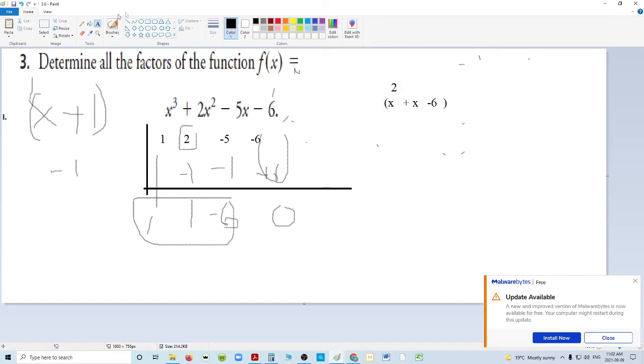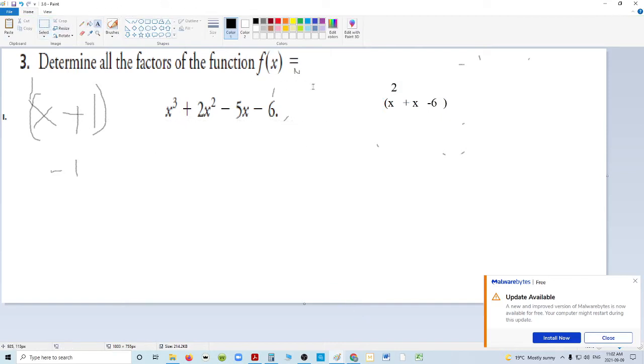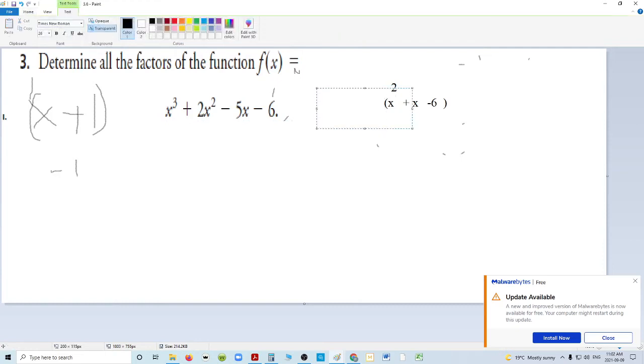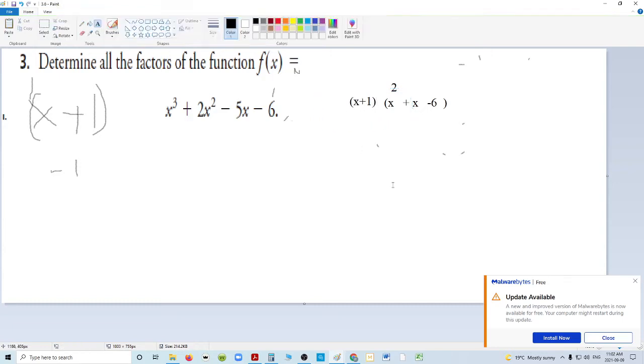So we figured out that so far the answer is x plus 1 as a factor times this quadratic. Like that. Now the question is, can we factor this? Is there a number that multiplies out to minus 6 and adds up to plus 1, which is the number in front of x here?